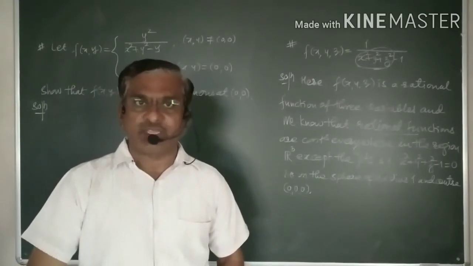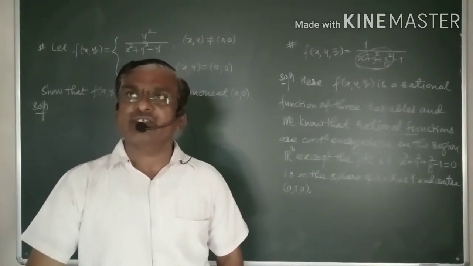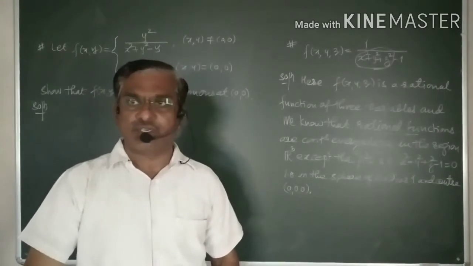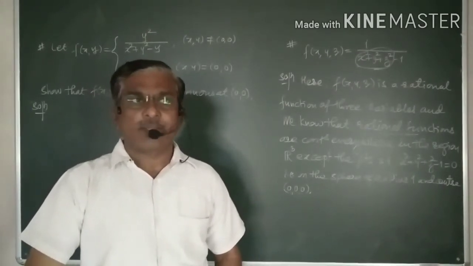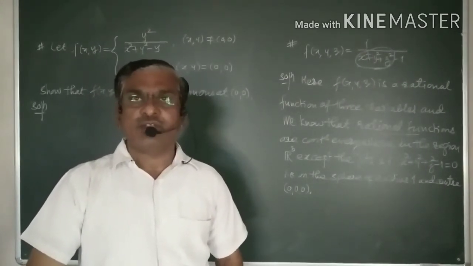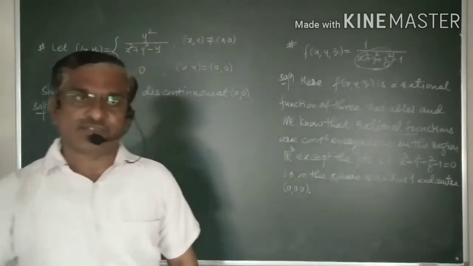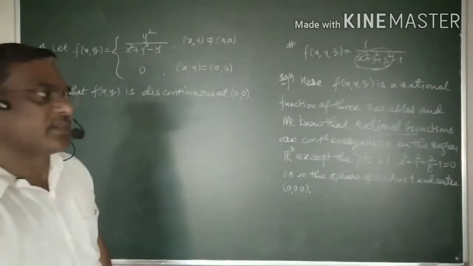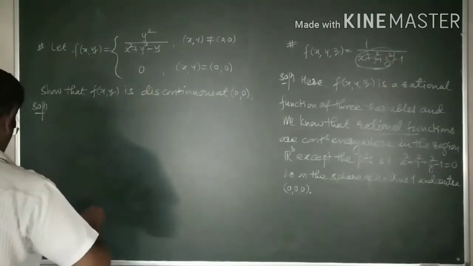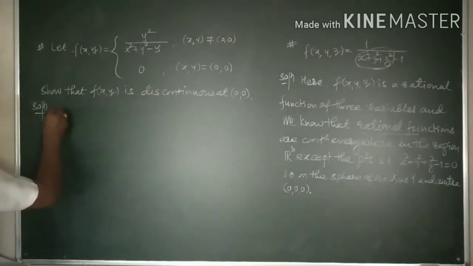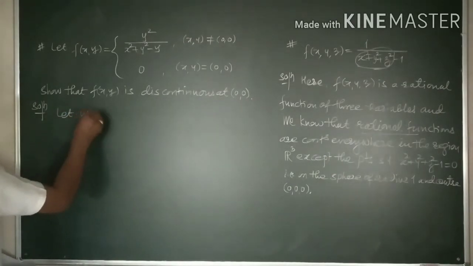If the limit does not exist, by using the definition of continuity, condition number 2 in that definition, we can say that the given function is not continuous, meaning it is discontinuous.